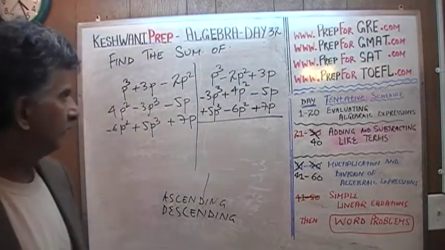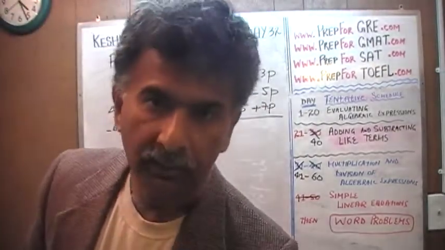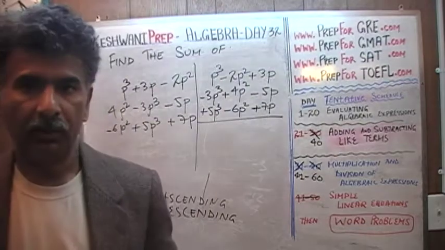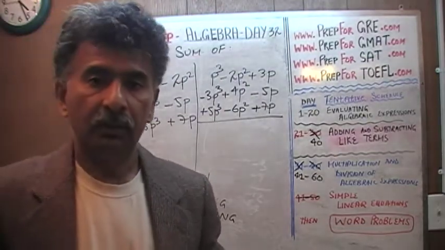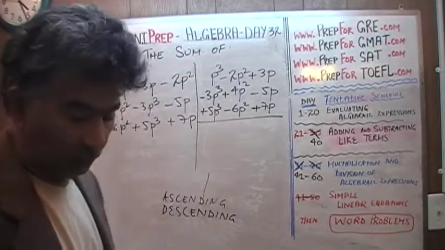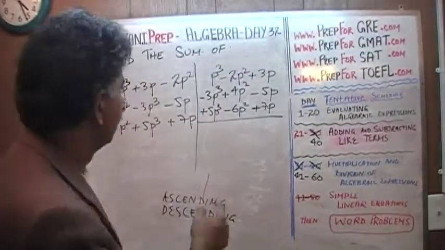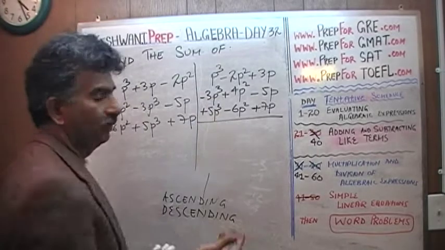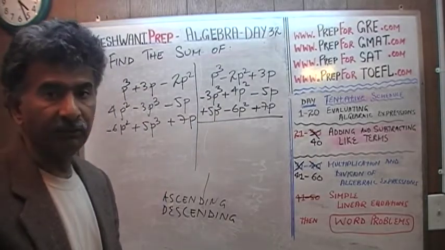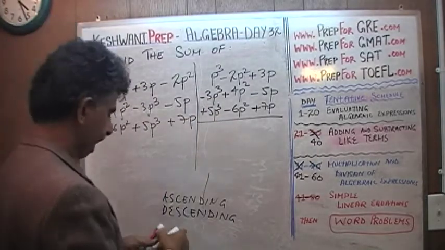Now that all the variables are arranged in the proper order, in the descending order of the exponent, all you have to do is simply add up their coefficients, because now they're all like terms. This is p cubed, this is p cubed, this is p cubed. All we are asked is, how many p cubed are there?